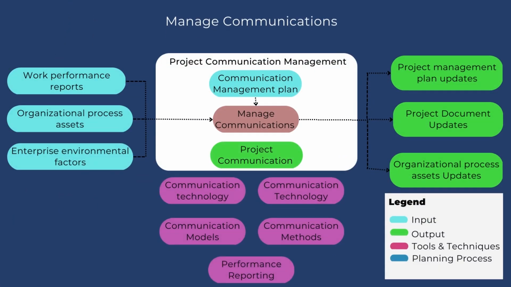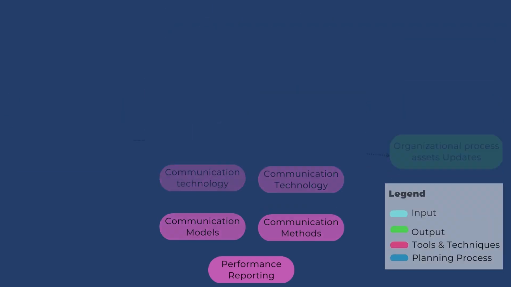Communication management plan, work performance reports, organizational process assets, and enterprise environmental factors are inputs to this process. The main output of this process are communication messages throughout the project. Besides, outputs also include updates on project management plan, project documents, and organizational process assets.